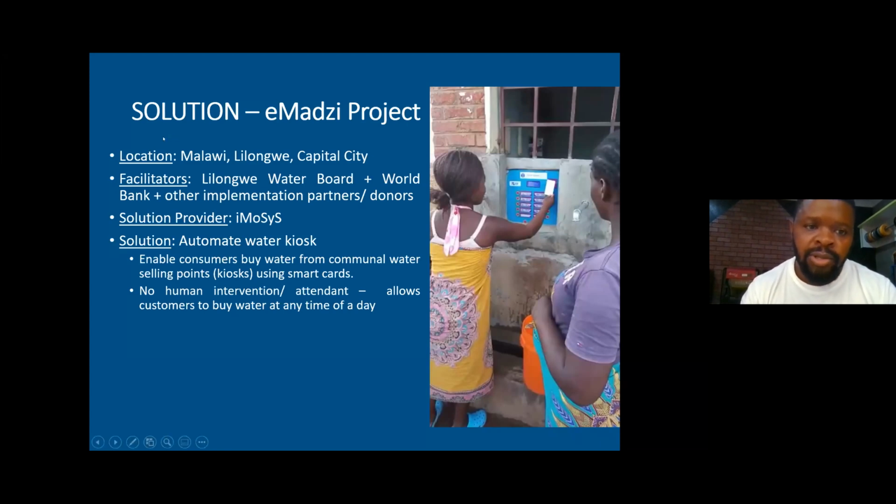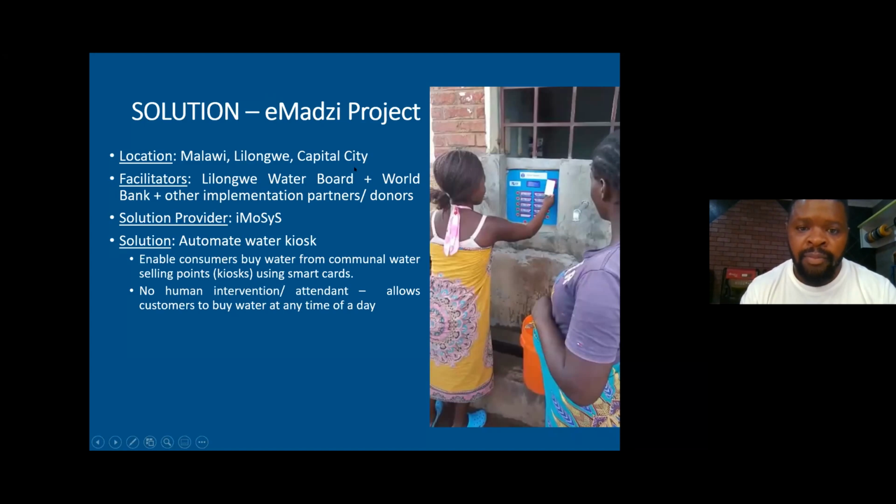The case study location is in Malawi, Lilongwe, which is our capital city. The facilitator is the water utility company, which we call Lilongwe Water Board, which ensures that everyone has access to clean water in the capital city.